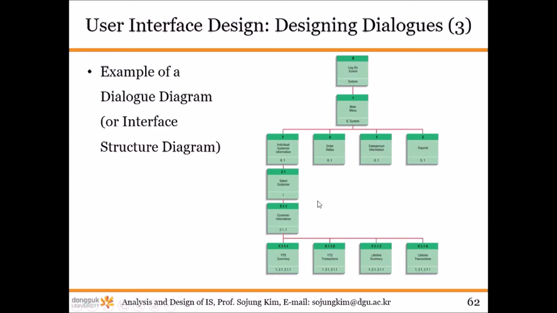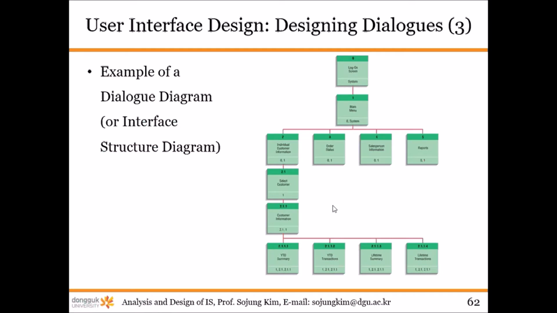All right, so when you try to develop the dialogue, you can develop this kind of dialogue diagram for the system development. Before you develop something, it's better to have a diagram to summarize all the major menus, okay? Because developing a certain interface takes a really long time.